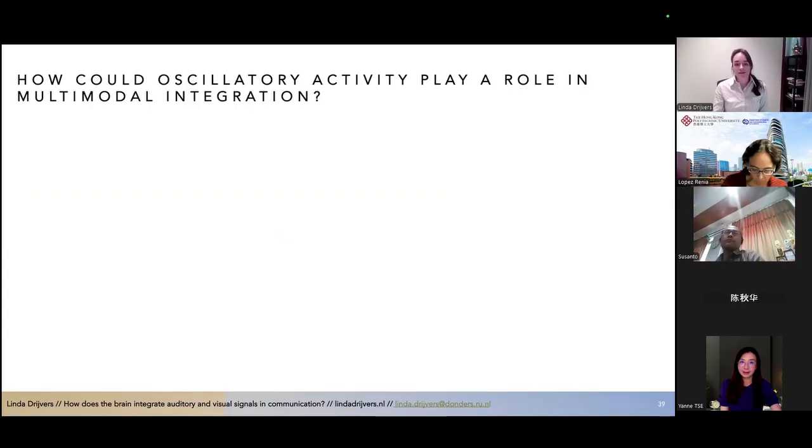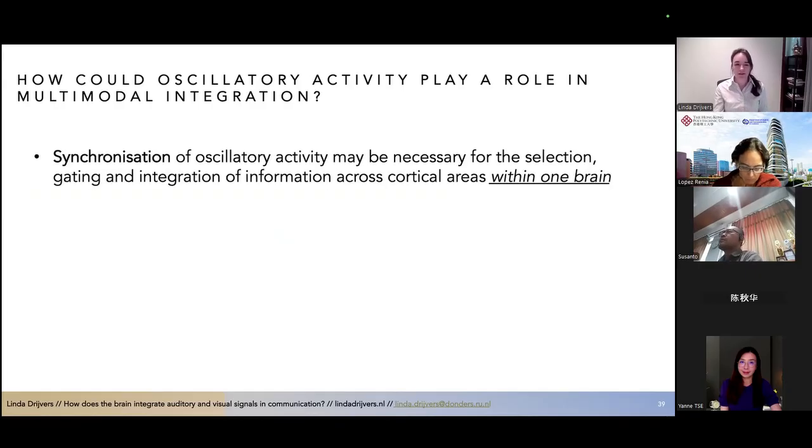Now, the first question to ask then is why neural synchronization, or synchronization between people, would matter. And I've shown you a lot of results on what happens within a brain already. Previous results have suggested that the synchronization of oscillatory activity may be necessary for the selection, the gating, and the integration of information within one brain, so what I've just shown to you.